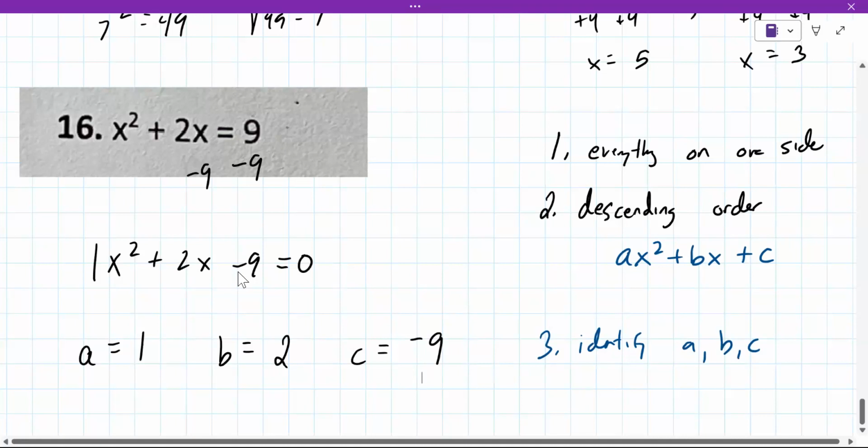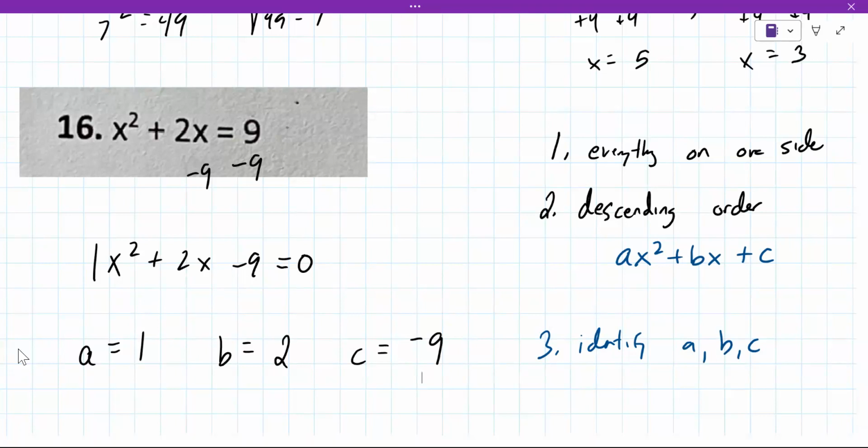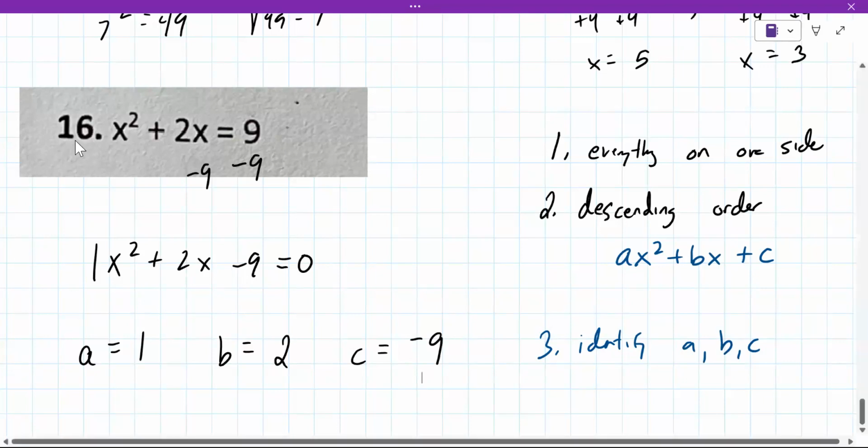2x minus 9. If you don't mind, I'm just going to write down what you have in the blue, the ax squared plus bx. So then it's obviously a is a, b is b, and c is c. Yes. And once you subtract 9 from both sides, the 9 always comes right before the equal sign, right?